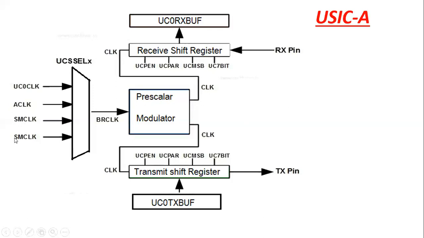The same clocks will be repeating, don't bother about that. These 3 clocks are selected using different baud rate clocks with the pre-scaling. That pre-scaling means divided by 1, divided by 2, divided by 3, or divided by 4 for different frequencies, which is called a pre-scaler modulator.